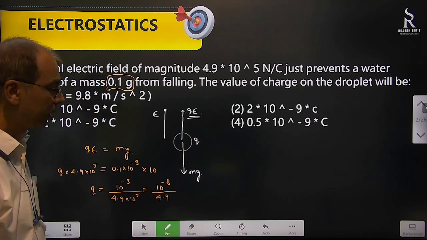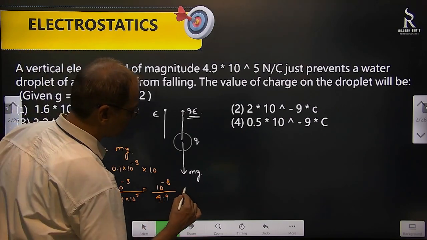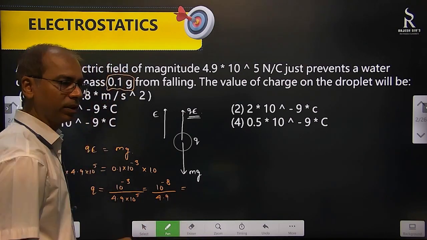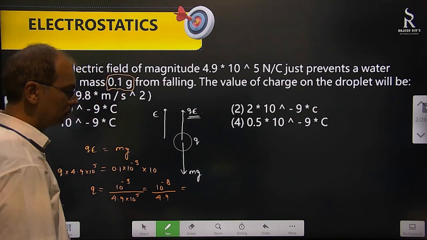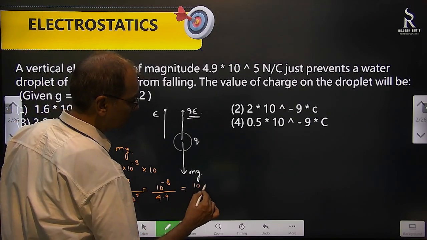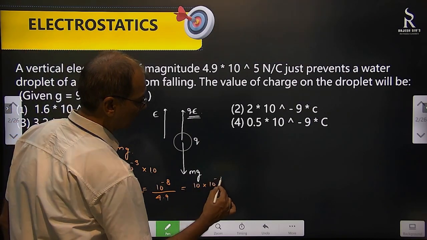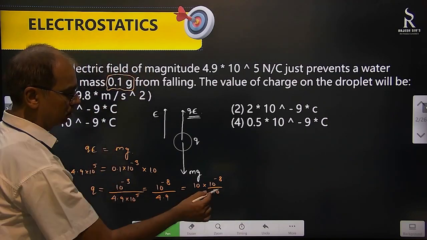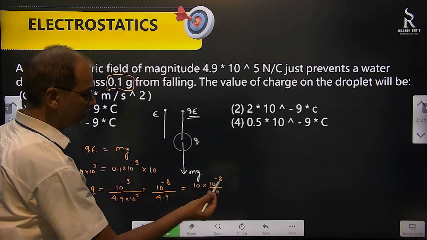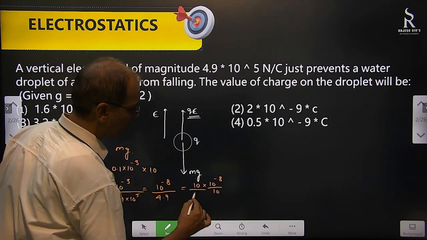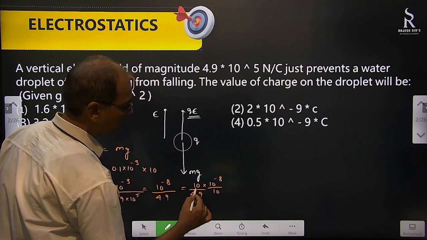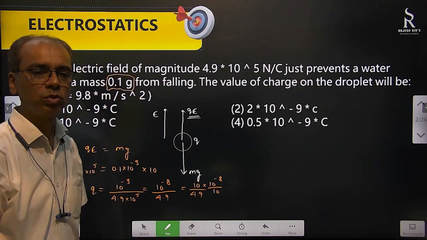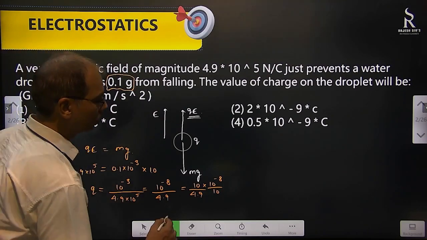Correct. Now what I will do is multiply this 10 to the power minus 8 with 10 and divide with 10. So 10 into 10 to the power minus 8 by 10. No problem, no? 10 and 10 can cancel, so it will be 10 to the power minus 8 by 4.9. 10 by 4.9 is 2 point something, approximately 2.